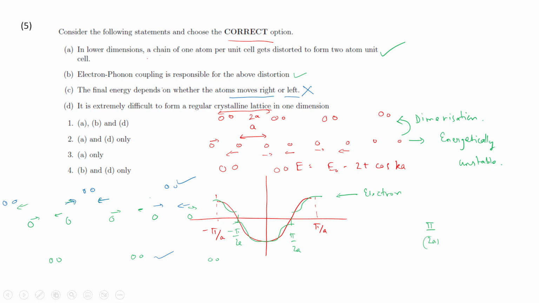Let us look at the last option. It is extremely difficult to form a regular crystalline lattice in one dimension. So what is this regular crystalline lattice? A regular crystalline lattice is this.